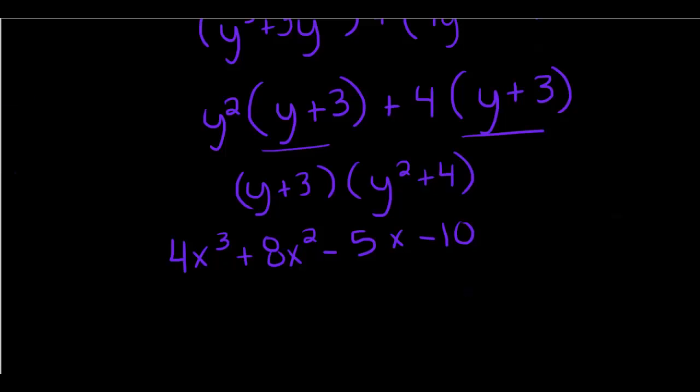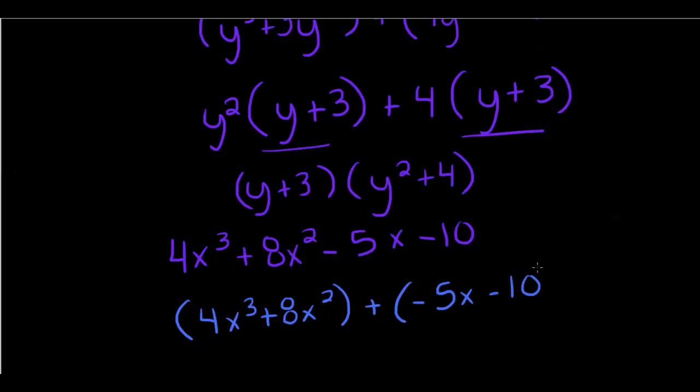Again, I'm going to group the first 2, and then I'm going to group the last 2. Let me just rewrite this, it's going to be better. So I'm going to have 4x to the power of 3 plus 8x squared plus negative 5x minus 10.